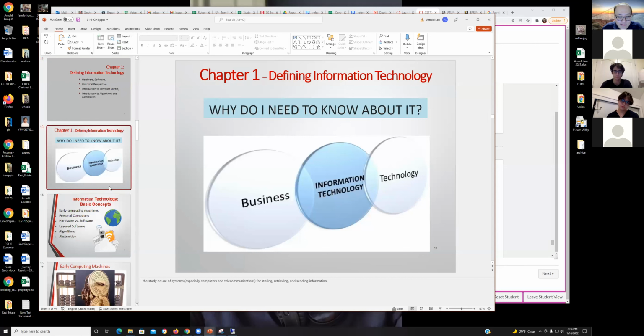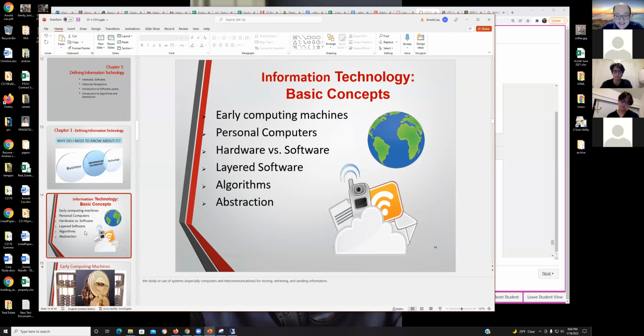So this is talking about business and technology and how they intersect. That's the reason why we're taking this class, right? These are the main key ideas in this introduction chapter.